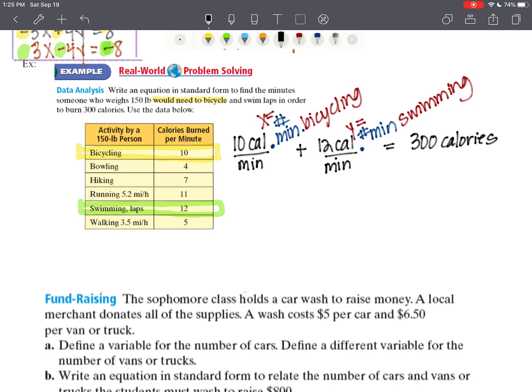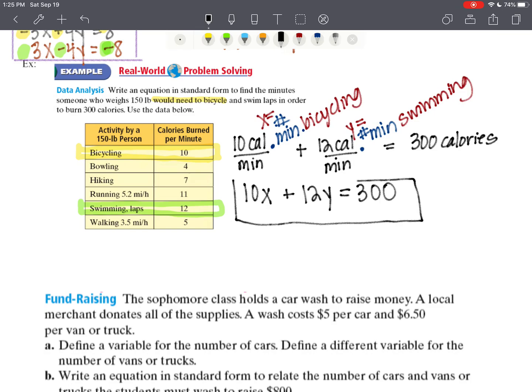So our equation is 10x plus 12y equals 300. And I like it when I box my answer and it's a perfect box. There we go. So there's our equation in standard form, 10x plus 12y equals 300.